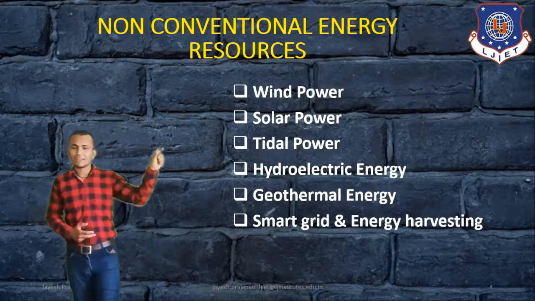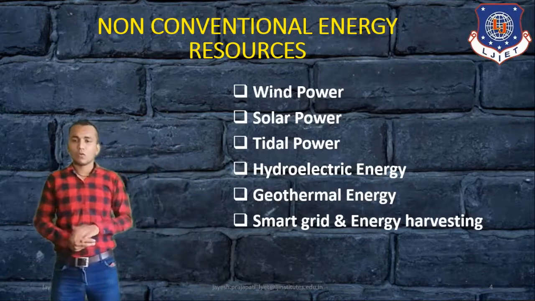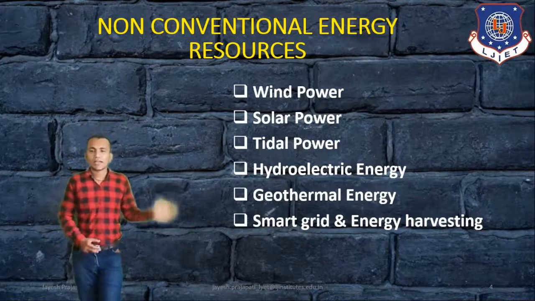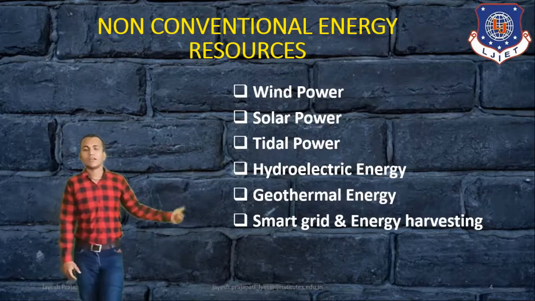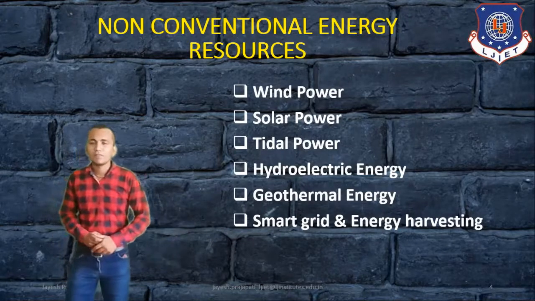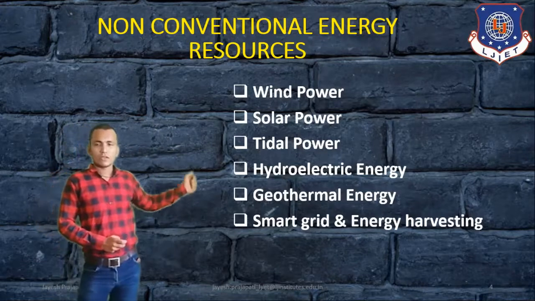By using an energy meter we can also calculate how much power is required by one home or one commercial shop. That kind of calculation and smart technology, by IoT technology, is how we make our power grid smart, which we will discuss in the smart grid topic. So those are the non-conventional energy sources.